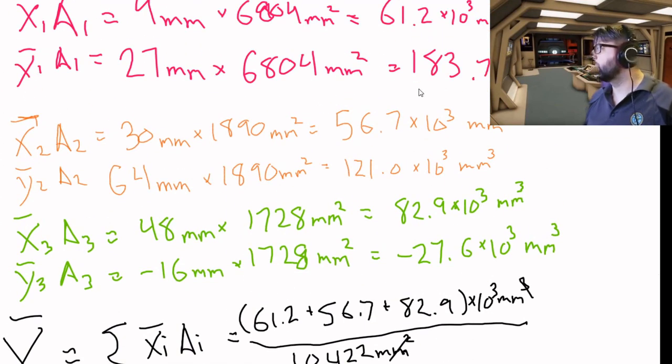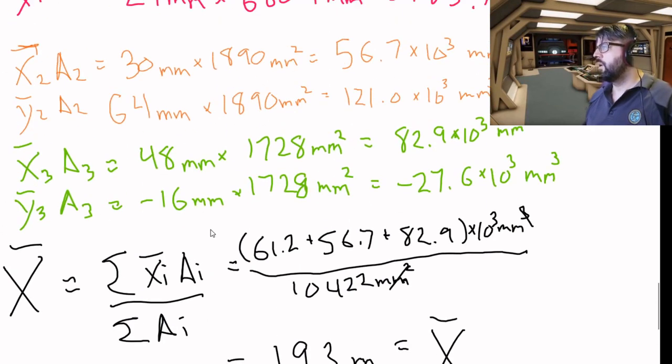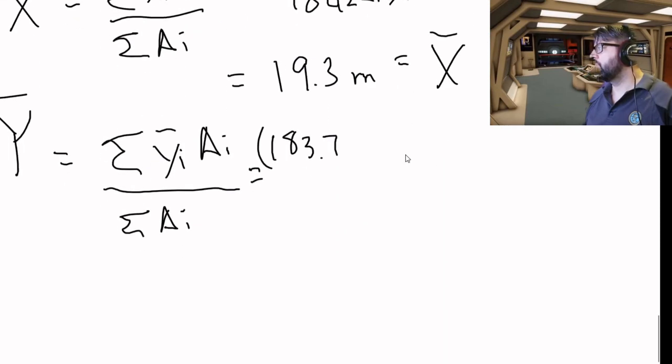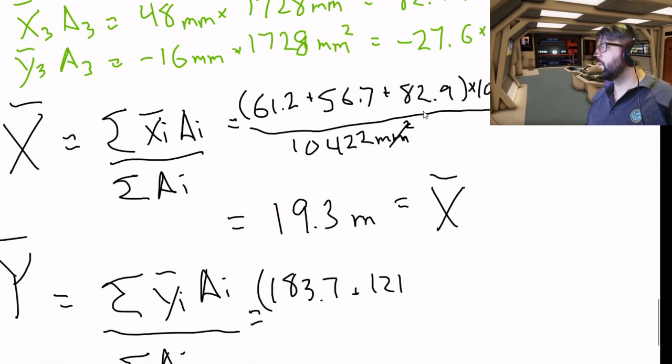So our first one from the A term is 183.7, and 121, and negative 27.6, and those were all in times 10 to the 3 millimeters cubed.